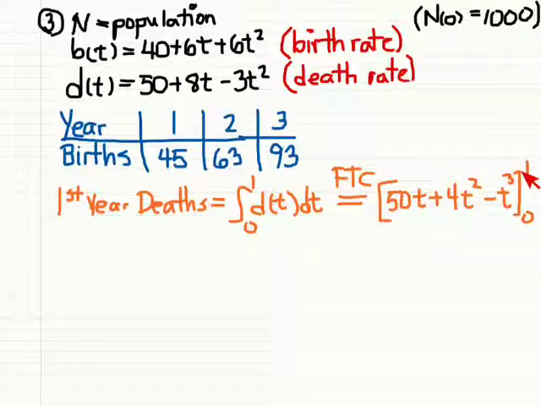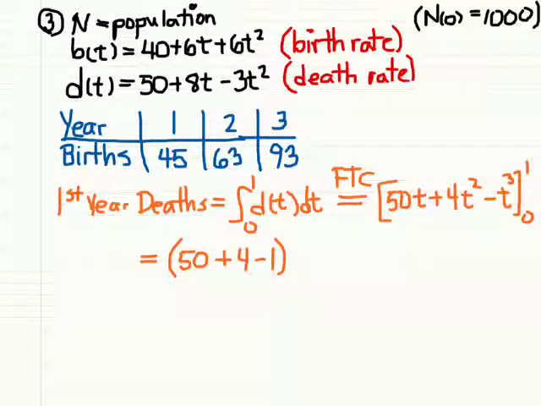We'll evaluate it at 1, evaluate it at 0, and the difference will be the number of deaths during the year. So the number of deaths is 50 plus 4 minus 1 minus 0 from the evaluation at 0, and I simply get 53 deaths during the first year.